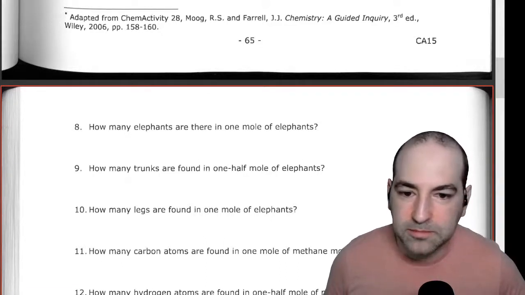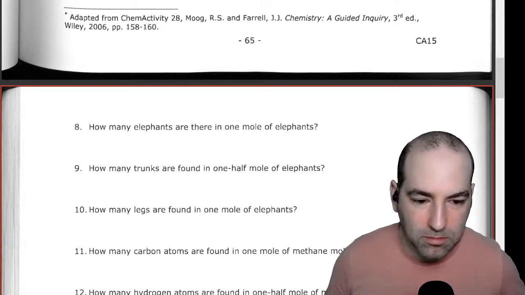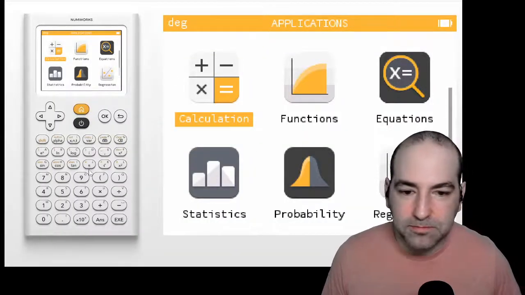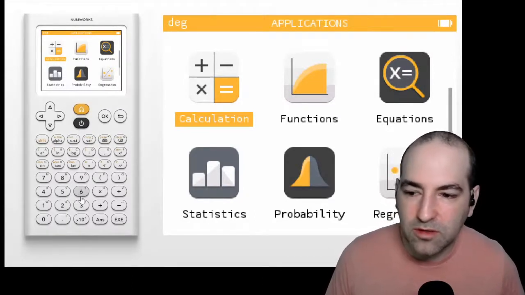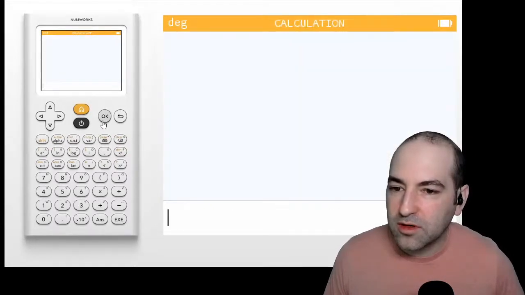So here's one. This is NumWorks. And so if I wanted to type in something like 6.02 times 10 to the 23rd, I think I have to go to calculations first.